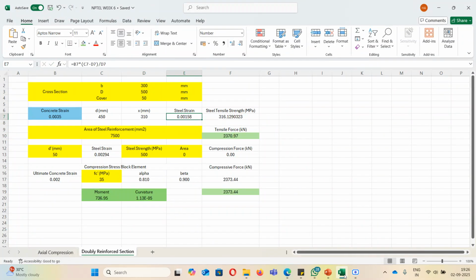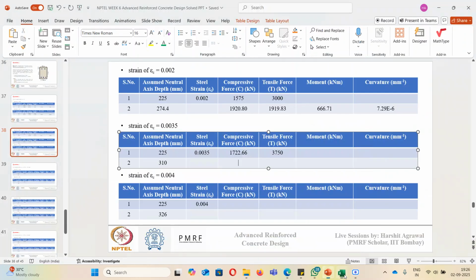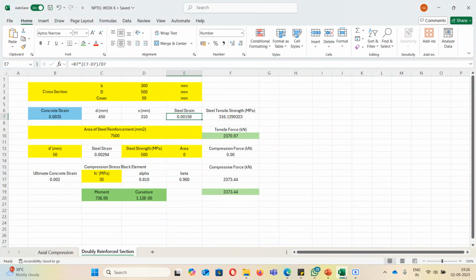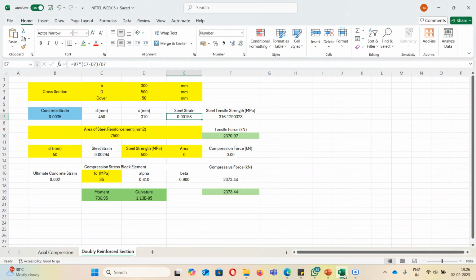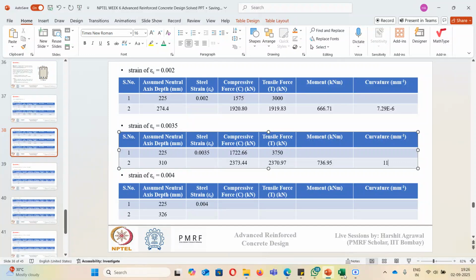I will change it to 310. So you'll see at 310, compression force is 2373.44, tension force is 2370.97. They are almost equal. So moment is 736.95 and curvature is 111.30 into 10 to the power minus 6.